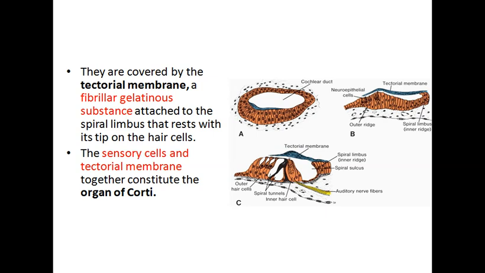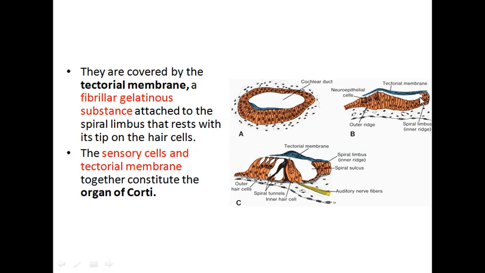Now we can see that this epithelium is covered by a fibrillar gelatinous substance known as tectorial membrane. ये एक gelatinous membranous material है जो epithelium के ऊपर है. This is tectorial membrane. Now see at this B part of the picture, we see that this tectorial membrane is attached to the spiral limbus, right, and that rests with its tips on the hair cells.